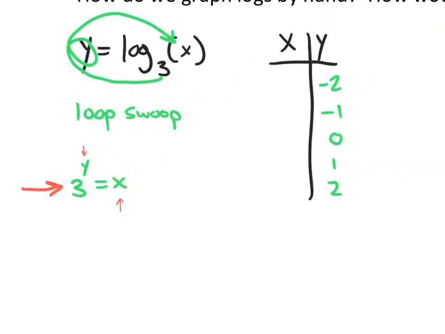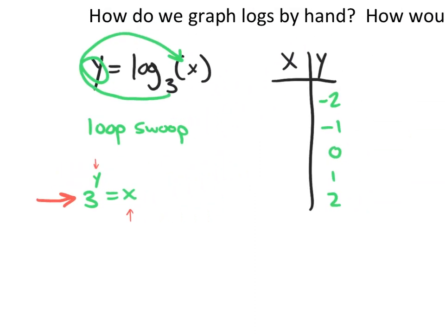So we're going to be working backwards essentially. For all the tables you've pretty much ever created, you've had the x values and you plugged them in to find the y. Logarithms is just doing the opposite. Once it's in the proper form, we'll plug in the y coordinates to find the x.